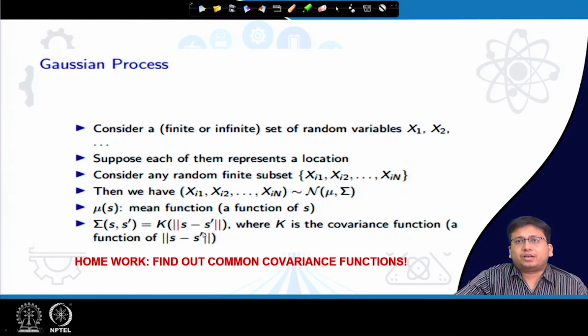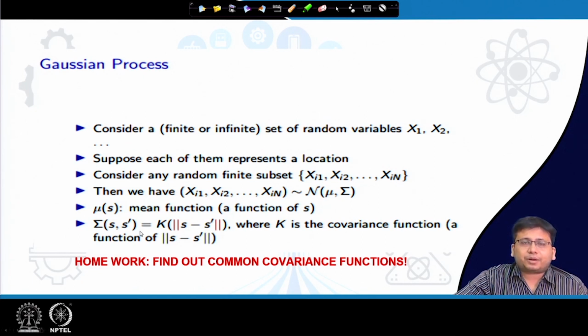You may remember in lecture 2 we considered the concept of covariance stationarity, which means that the covariance of a particular variable at two different locations is nothing but a function of the distance between those two locations. So, that is what is happening in this case.